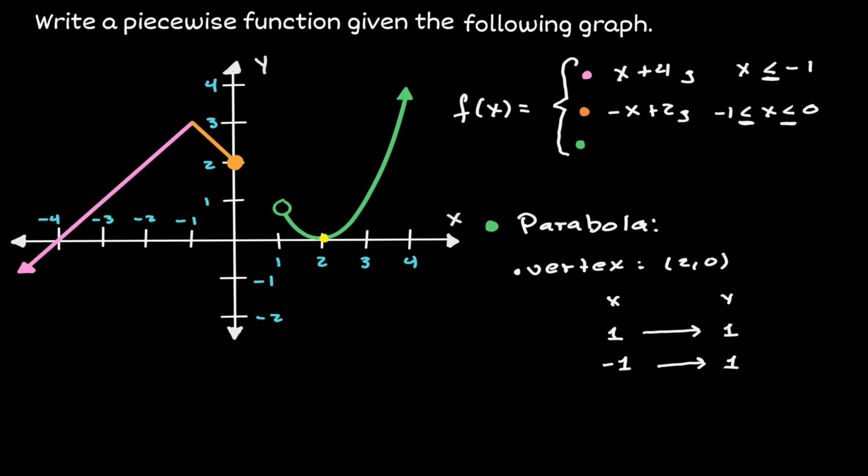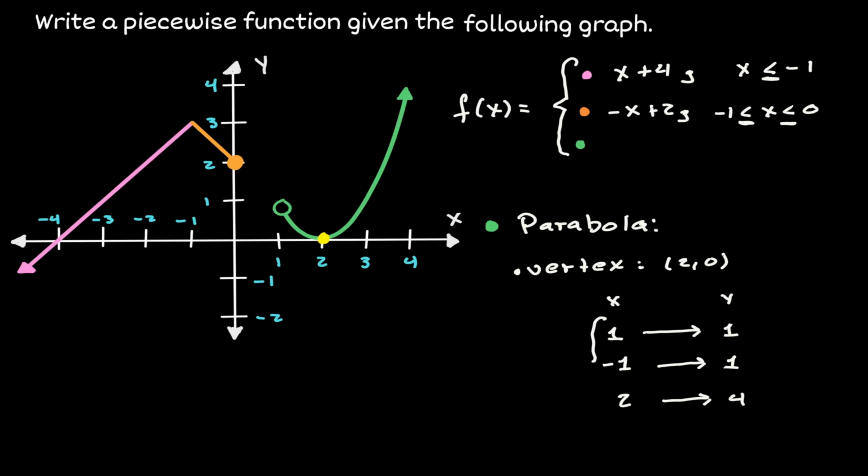But we need more information than that. What if we choose two values that are on the right-hand side of the vertex? What y value are we going to obtain? We seem to be obtaining a y value that is 4 units higher than the vertex. So if I choose some x value of 2, my output is 4.